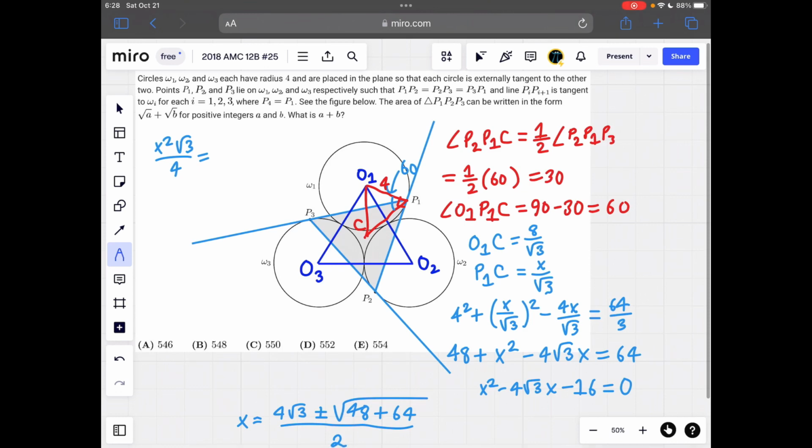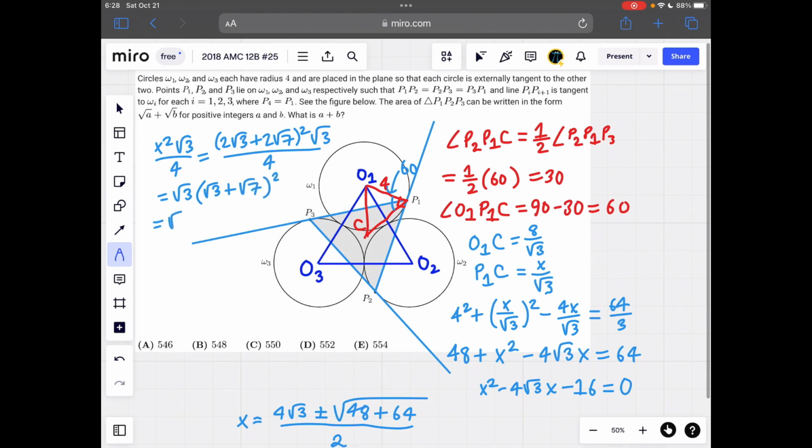So that's just 2 root 3 plus 2 root 7 squared times root 3 over 4. Now, 2 root 3 plus 2 root 7 squared over 4 is just root 3 plus root 7 squared. So all we're really looking for is root 3 times root 3 plus root 7 squared.